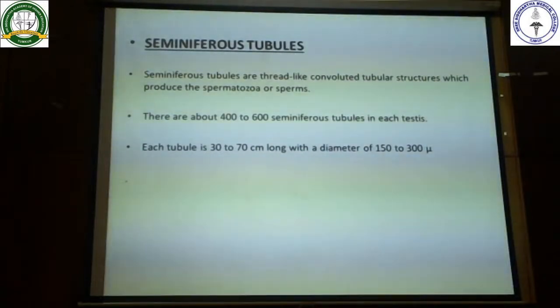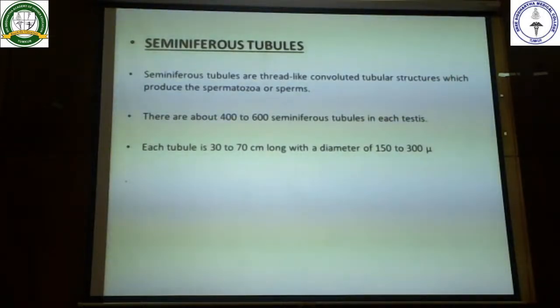Let's see a little more detail about seminiferous tubules, because this can come as a 3 marks question. Seminiferous tubules are thread-like convoluted tubular structures which produce the spermatozoa, or sperms.